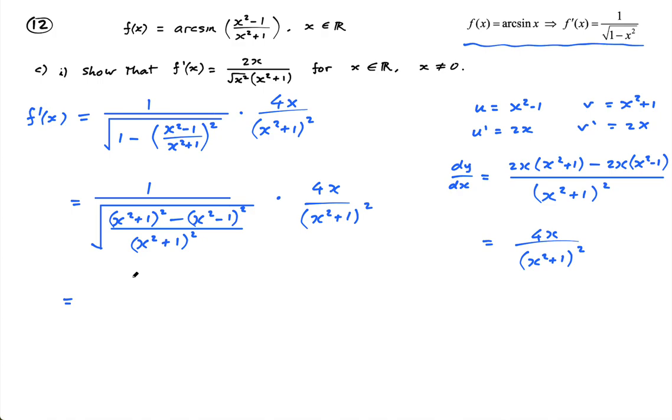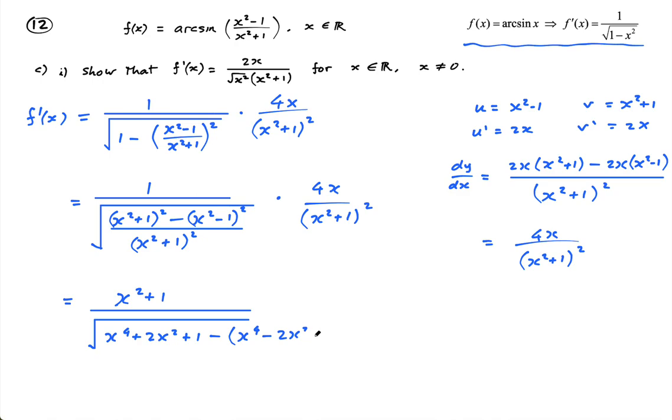So what this becomes is actually the square root of x squared plus 1 squared, which is x squared plus 1, over the square root of this, x to the 4 plus 2x squared plus 1 minus x to the 4 minus 2x squared plus 1, so I'm multiplying out these brackets.